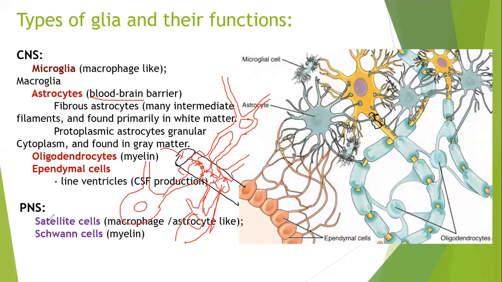This is the same way the satellite cell will come and flatten itself against a cell body within the ganglion in the PNS. So you find a satellite cell will come and flatten here, another one will come and flatten here, and they protect the cell body within the PNS. But in this case, this function is being carried out by the astrocytes.